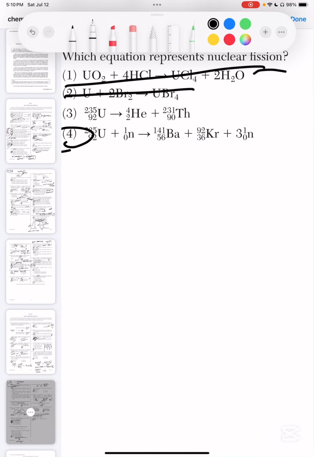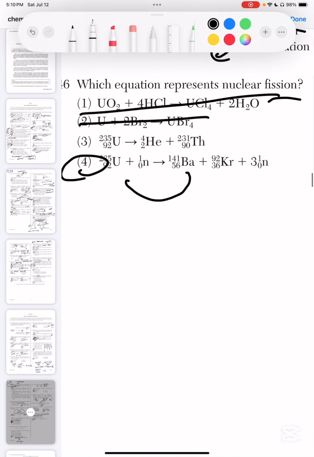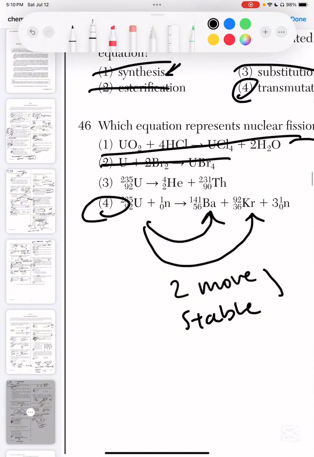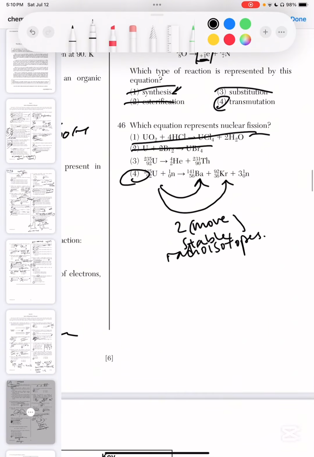It would be this one because it's breaking into two more stable radioisotopes. That's what it's doing. It's breaking into 2 more stable and smaller radioisotopes. So that would be nuclear fission because it's a big thing fizzing into smaller things.